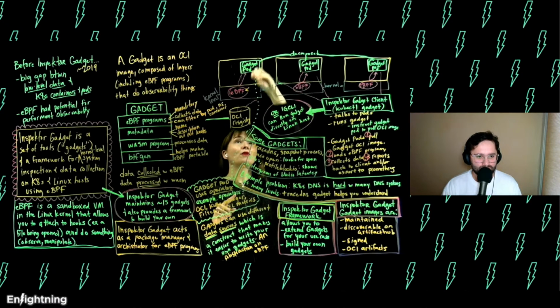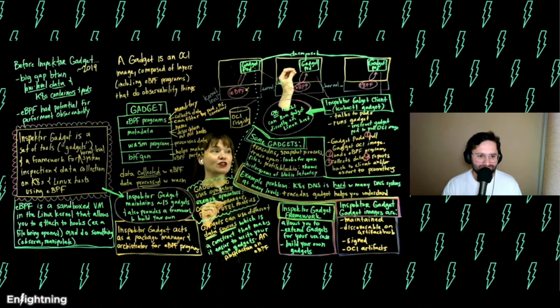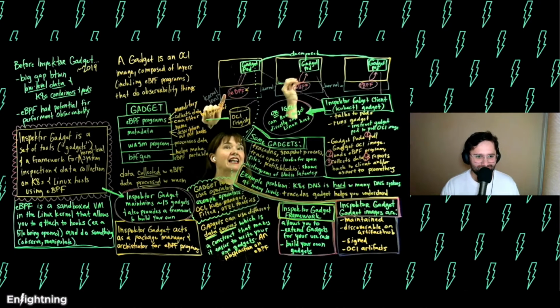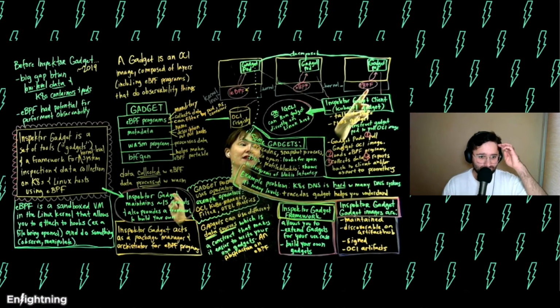So regardless, the gadget pod has been instructed by the client to run a certain eBPF program, a certain gadget. So it's going to pull that gadget and run it, and now we have our eBPF programs running in the kernel space on each pod.